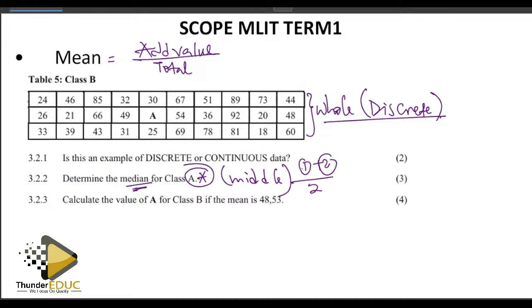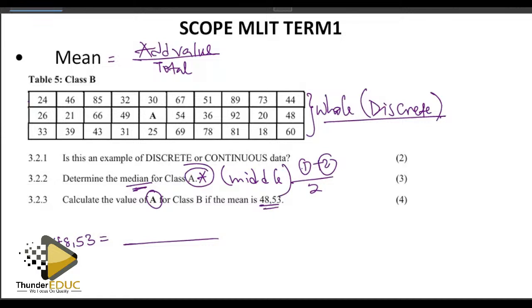Here, what brought me here was to look for the value of A if the mean is 48.53. Ask yourself, how did they get the mean? I've given you the scenario here. So you already have the mean. So you put your mean aside. But this mean was got after adding the numbers and dividing by their total number.